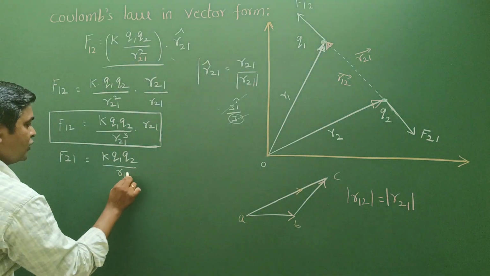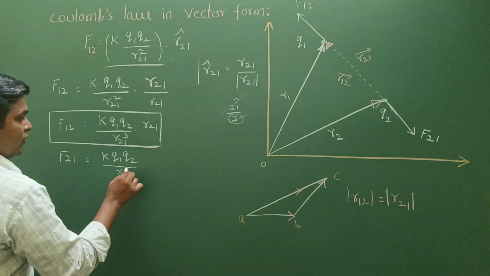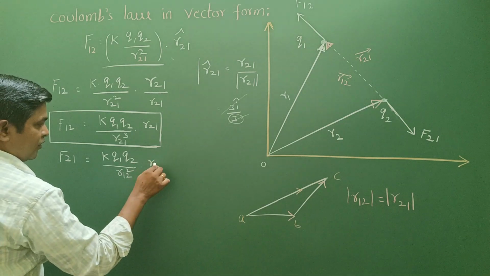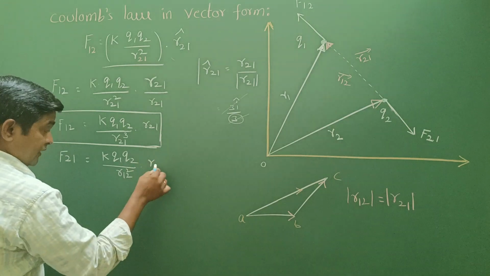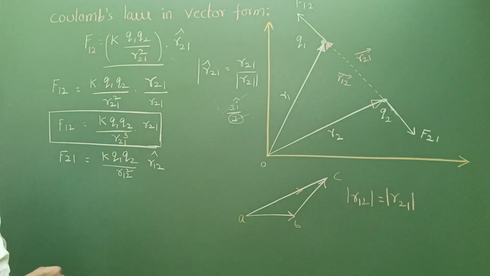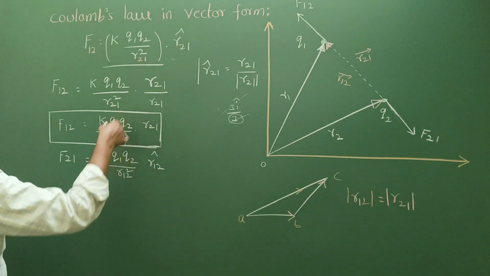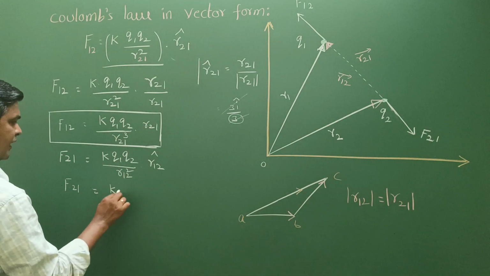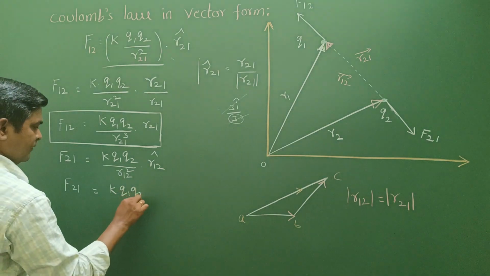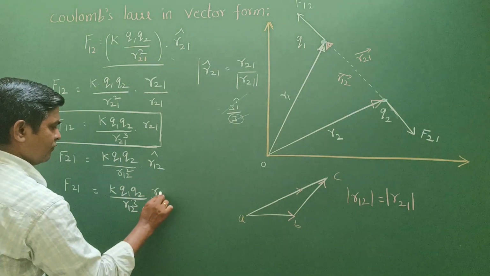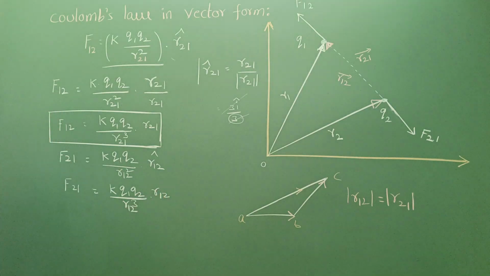Then R1 to 2 square into the magnitude, it is in vector form, right? Unit direction if you write it, R1 to 2 cap unit vector. So after simplification, F2 to 1 is equal to K Q1 Q2 by R1 to 2 cube into R1 to 2, because this is in vector form.